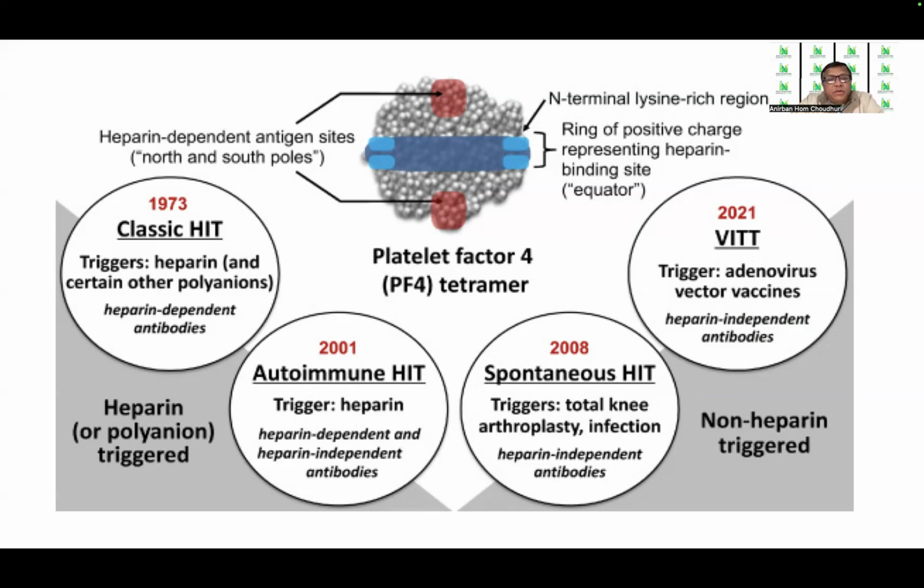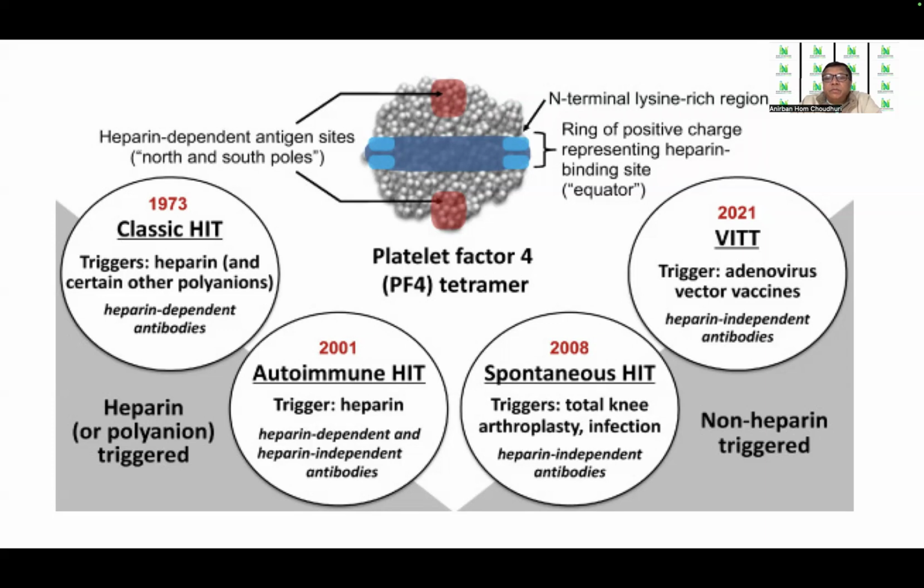And in 2001, we came to know about autoimmune HIT, which was also triggered by heparin, but had both variants, heparin independent and heparin dependent antibodies. In 2008, we heard about spontaneous HIT, where the triggers were total knee arthroplasty or infection. They were primarily heparin independent antibodies.